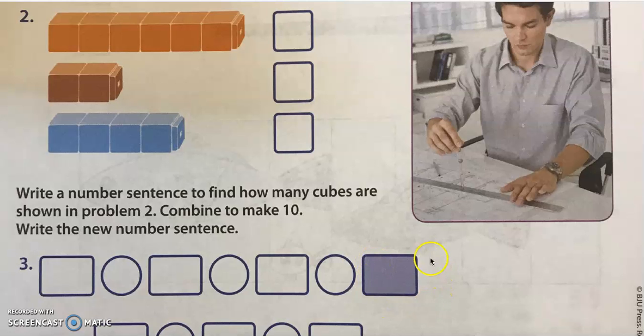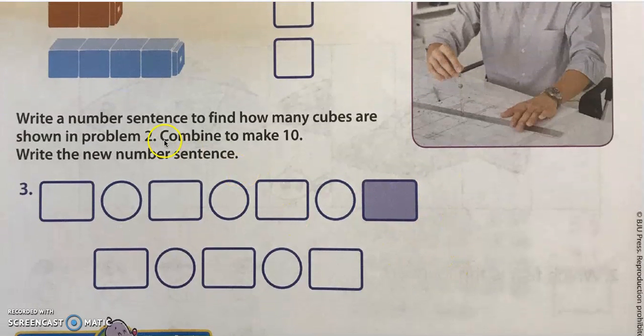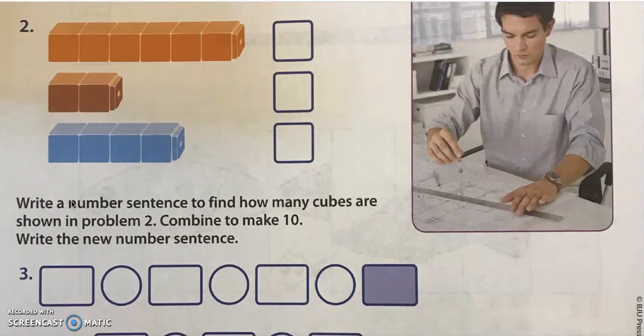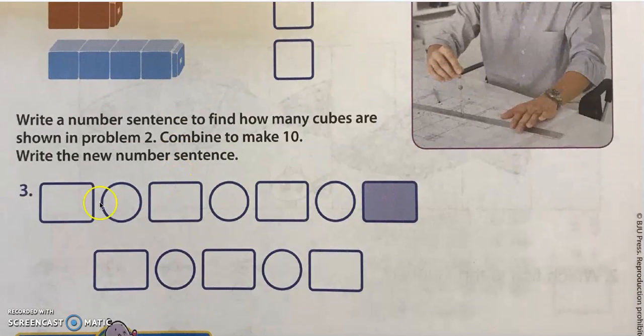Okay, we're not going to write the answer yet because we need to combine the numbers to make 10. Which one of these numbers can you combine and make 10? Right. 6 and 4, right? 6 plus 4 equals 10. So you're going to combine 6 and 4 and make 10.